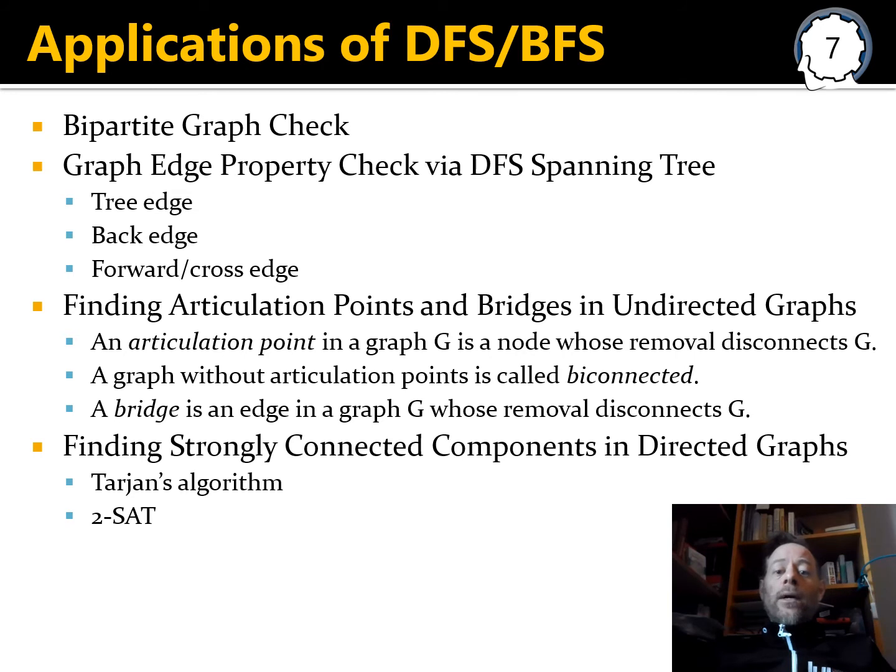We can also develop algorithms to find strongly connected components in directed graphs. So we saw that in an undirected graph, it was very straightforward. In a directed graph, it's slightly more elaborate, so we need to keep track. Basically, Tarjan's algorithm can be used for finding the strongly connected components.